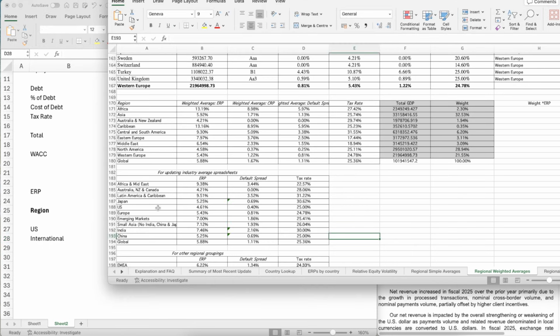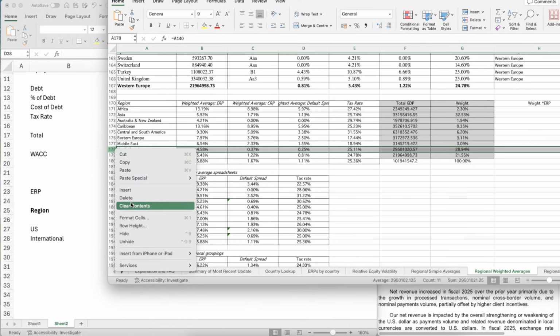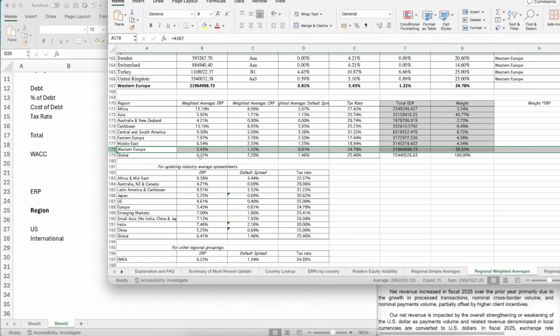For international, let's just take out this line. It will give us a global risk premium, 6.41%. And this is a weighted average based on size of the country by GDP. So 6.41%.